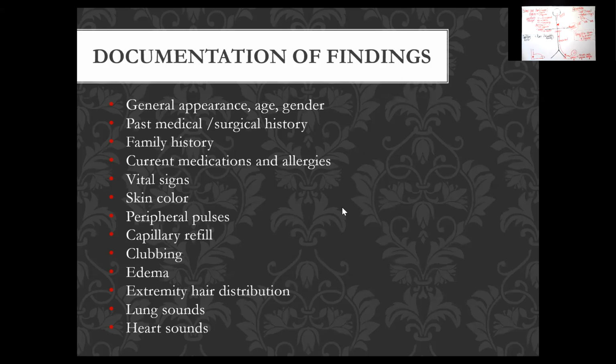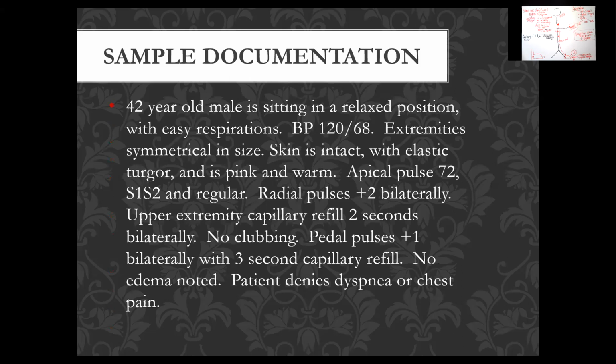Here's my sample documentation, but I don't want you just to copy mine. But what I wrote was a 42-year-old male sitting in a relaxed position with easy respirations. That paints a good picture right there. Blood pressure is normal. Extremities are symmetrical, so they're both getting the same amount of blood flow and food. Skin is intact, elastic turgor.